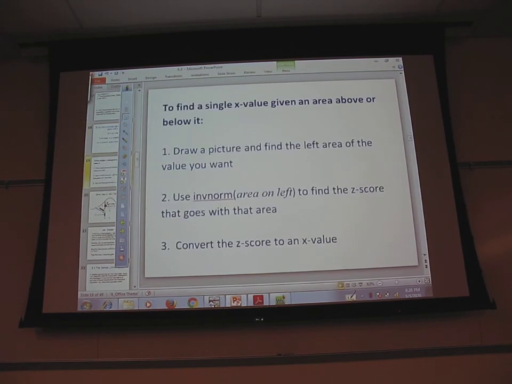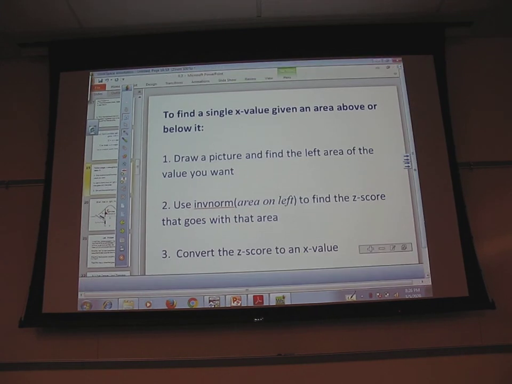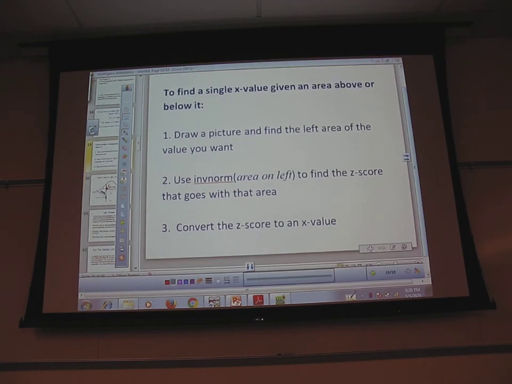All right, so these are your notes. I think you guys filled these in already. Chapter 6, last class. Pretty sure we did. So step 1. Felicia, you got to read these for me? Define the single x value given the area above or below it.